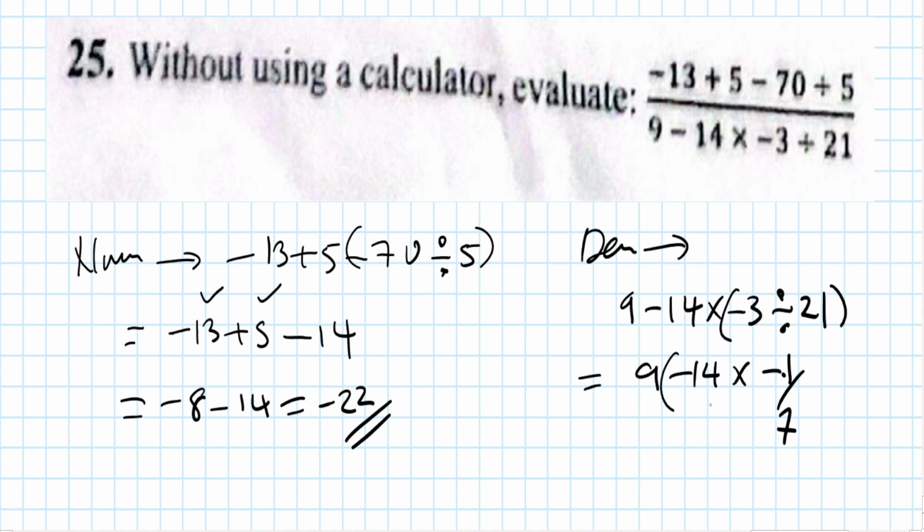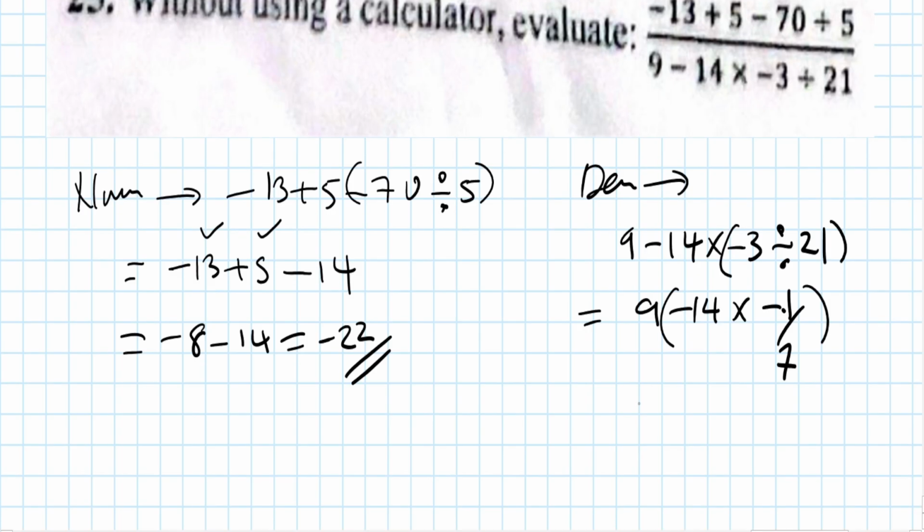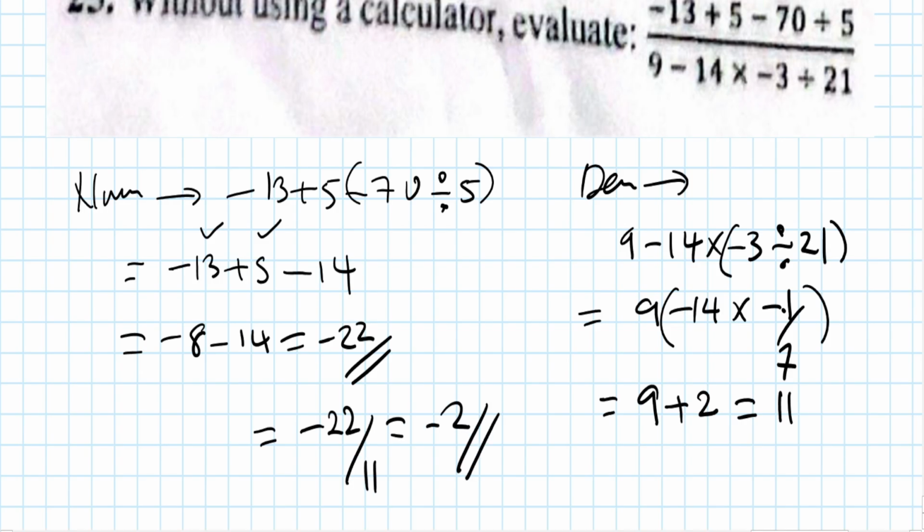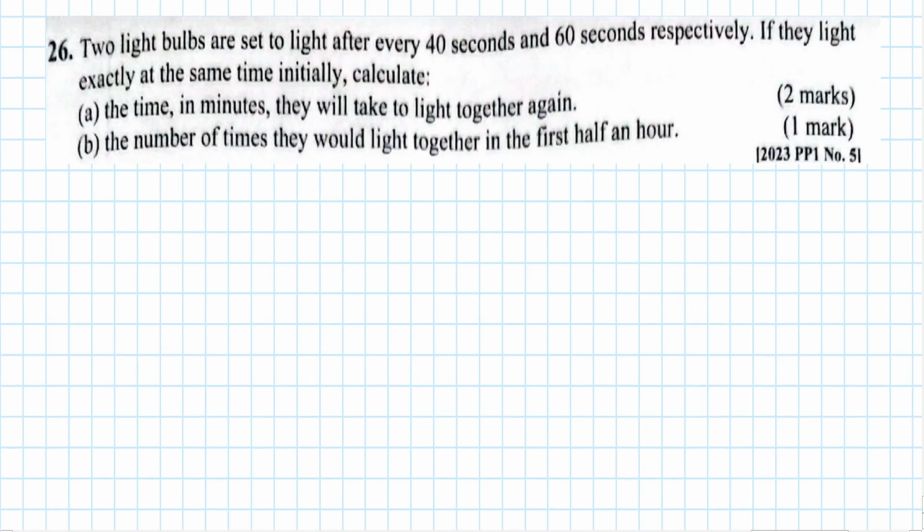Then multiplication. So minus 14 times minus 1 over 7 is plus 2. So 9 plus 2 is 11. So numerator divided by denominator, minus 22 divided by 11, will give you minus 2 as your final answer.